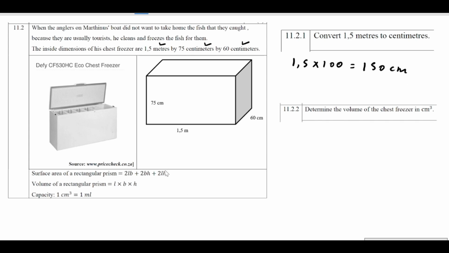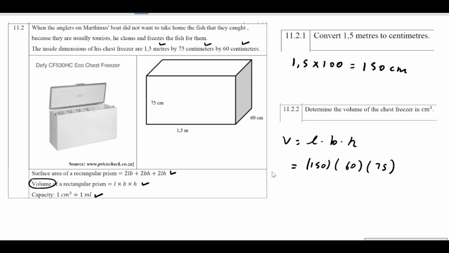Here we are given the formulas that we can work with. 11.2.2, determine the volume. The formula for the volume of a rectangular prism is length multiplied by breadth multiplied by height. We substitute: 150 multiplied by 60 multiplied by the height, which is 75.